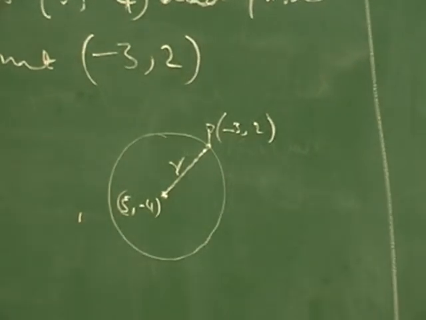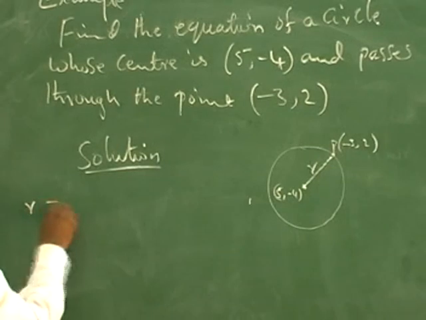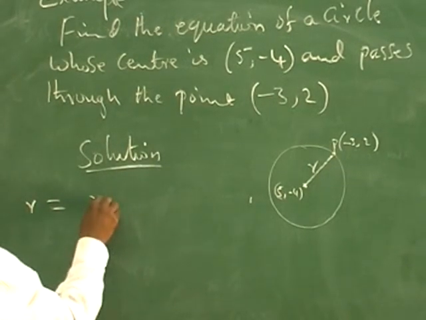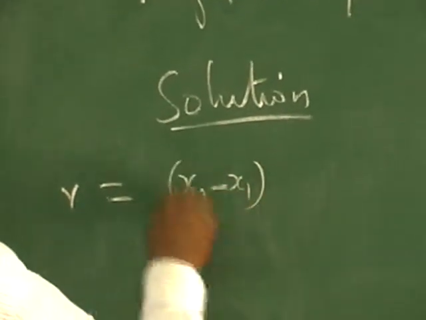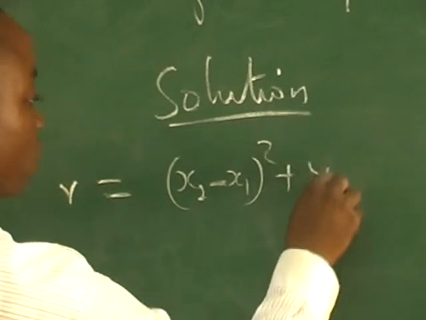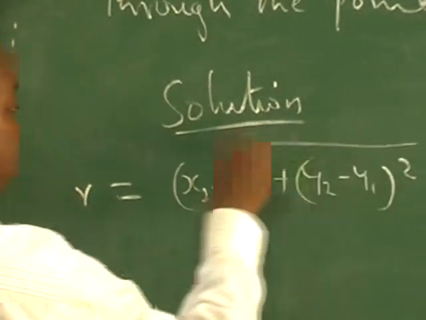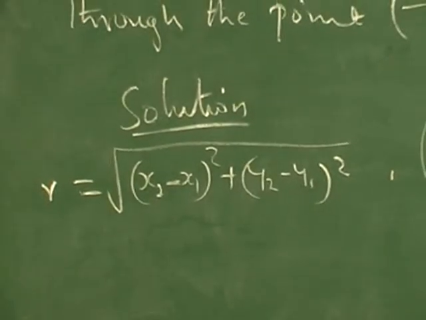We will first of all find R, and we know that the distance between any 2 points is given by x2 minus x1 squared plus y2 minus y1 squared inside a square root. The square root of this will give the distance.